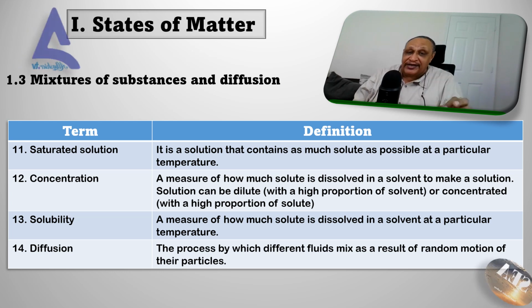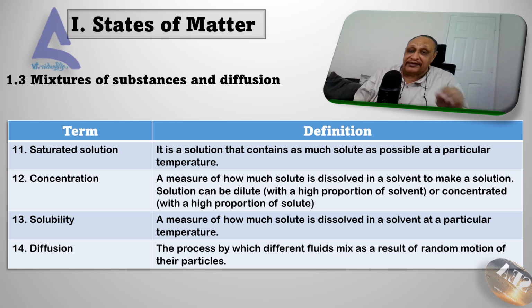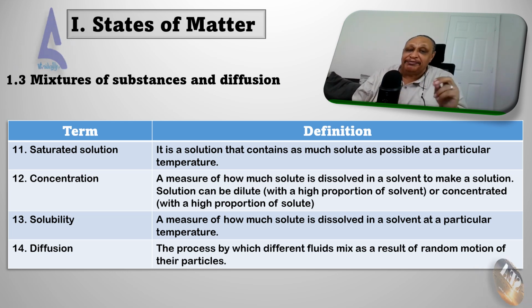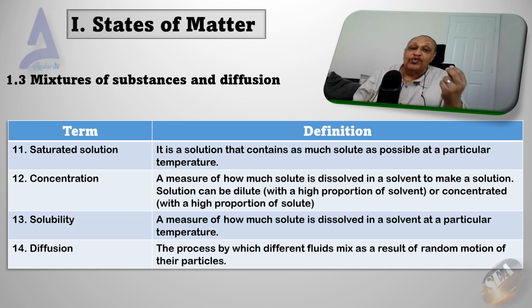Concentration: a measure of how much solute is dissolved in a solvent to make a solution. A solution can be diluted with a high proportion of solvent or concentrated with a high proportion of solute.